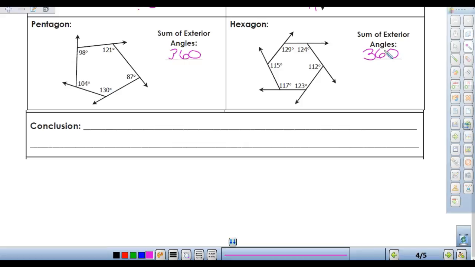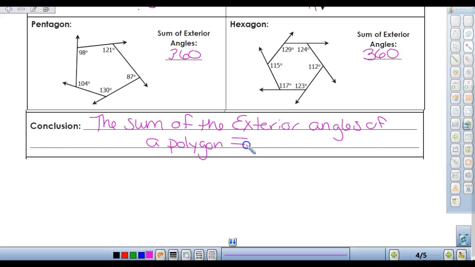All exterior angles. So the sum of the exterior angles of a polygon is always 360.